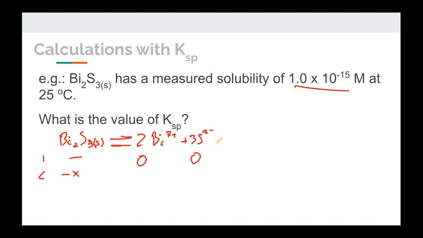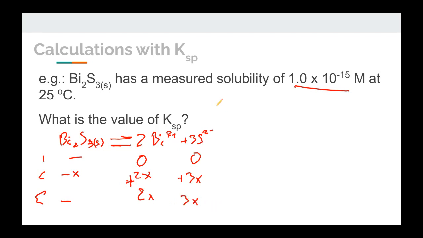We're going to lose some number of moles per liter from the solid phase. We'll gain twice as many moles per liter for bismuth ion and 3 times as many sulfide ions. And that's just from the stoichiometry. So that at equilibrium, don't care about the solid, this will be 2x and this will be 3x.